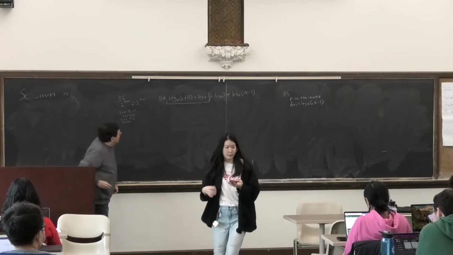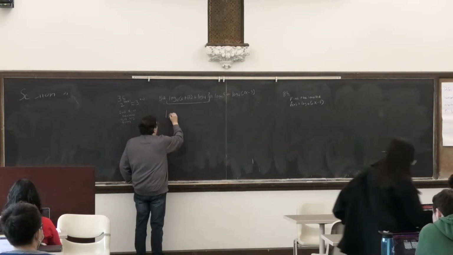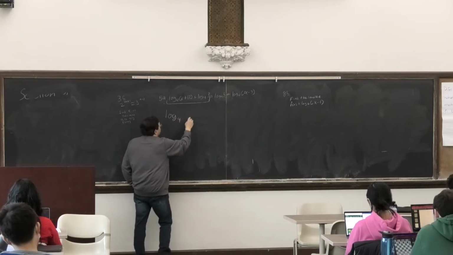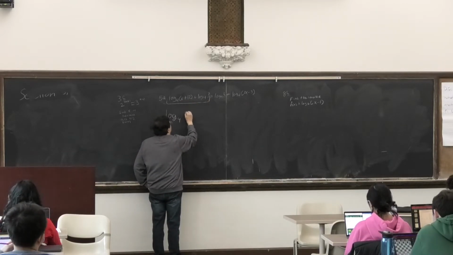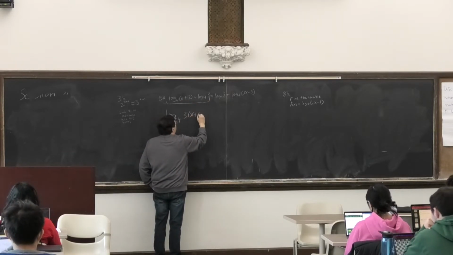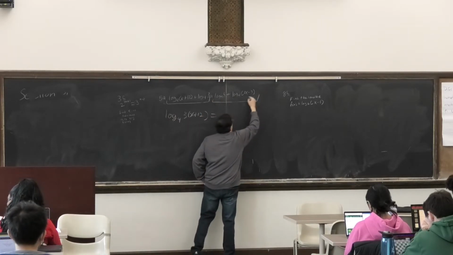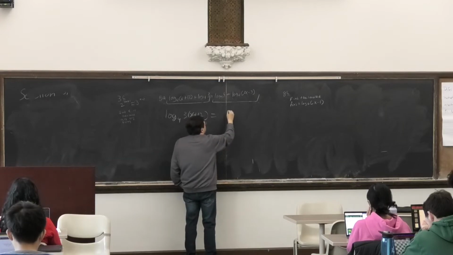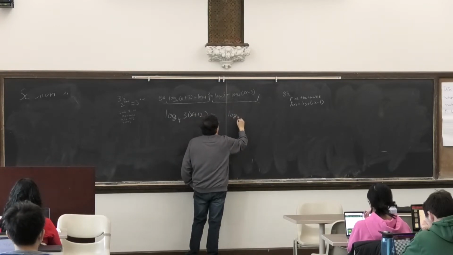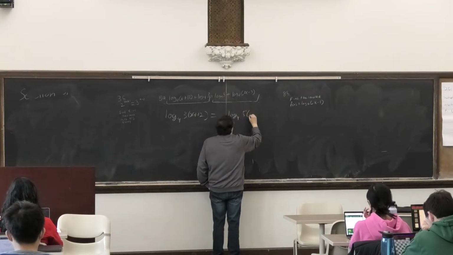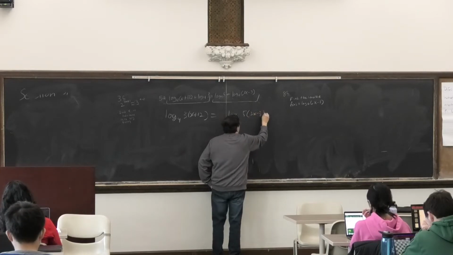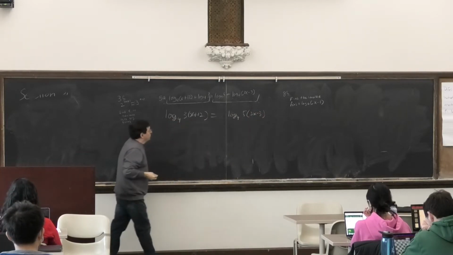Okay. So this is going to be the log to the base 4 of 3 times x plus 12. Similarly, over here we use our laws of logs. This is log to the base 4 of 5 times 2x minus 3.